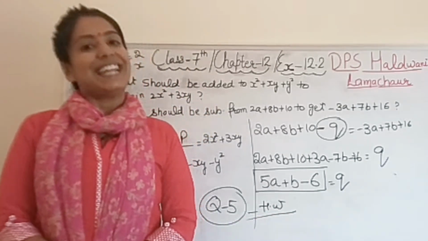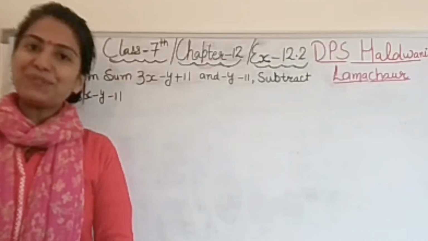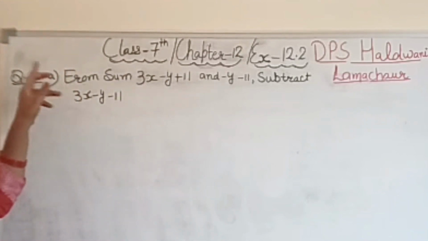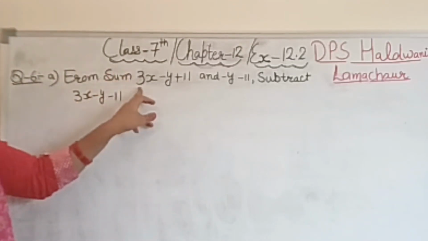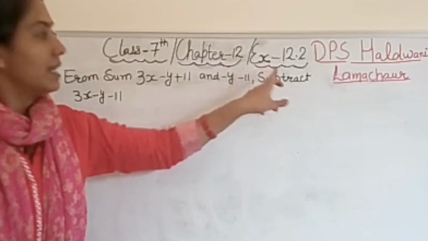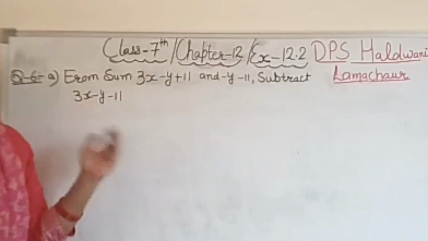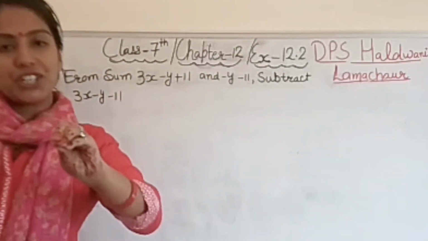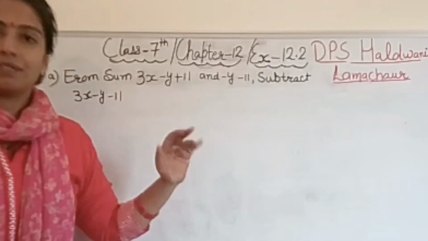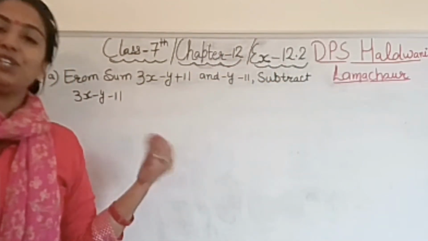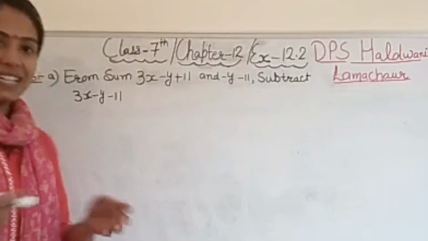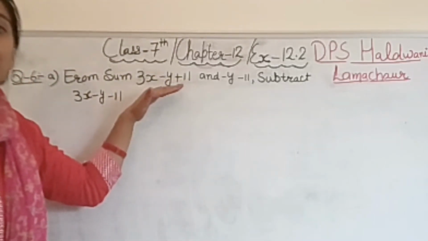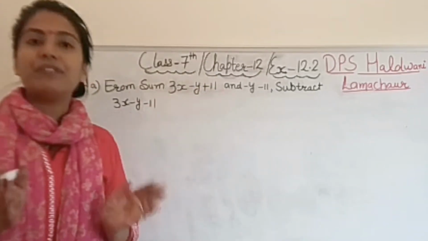Now coming to our next question, question number 6, student. A part: from the sum of this and this, subtract this term. Now in the same question we have addition as well as subtraction. We know how to add or subtract. So first of all, frame an expression according to the given question.